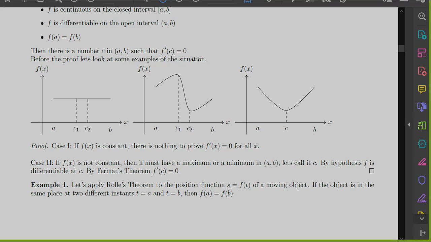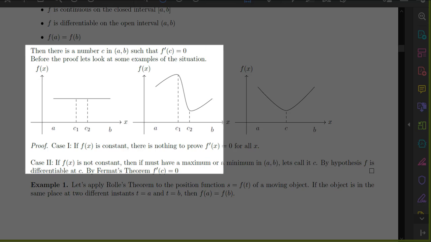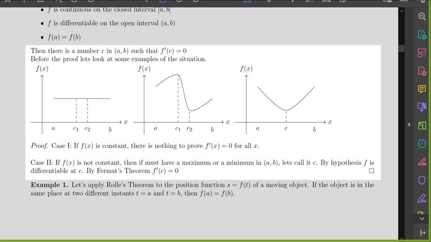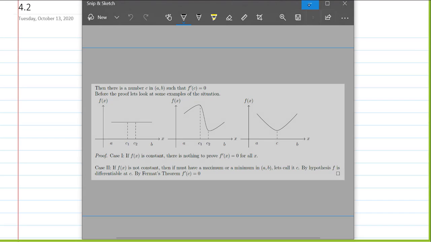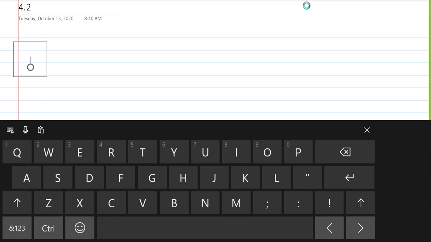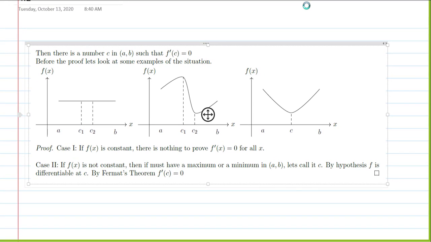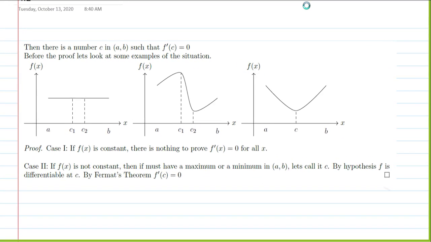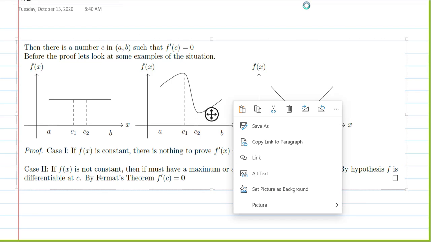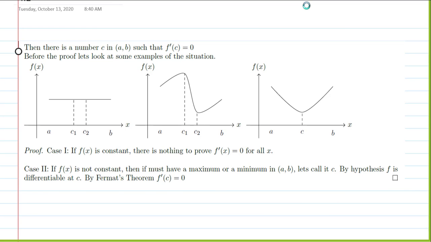A picture is really worth 1,000 words in this case. If we take a look at what this is telling us, we have a continuous function that's differentiable, and we're told that if f of a is the same as f of b, then at some point in between, the function has to have 0 as a value of its derivative.